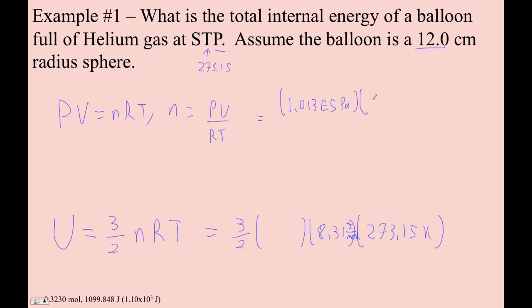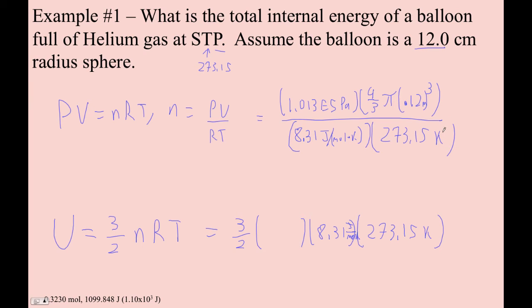The volume is a sphere with a 12 centimeter radius, so 4/3 pi r cubed, and that's in meters. R is still 8.31 joules per mole Kelvin, and the temperature is 273.15 kelvins.